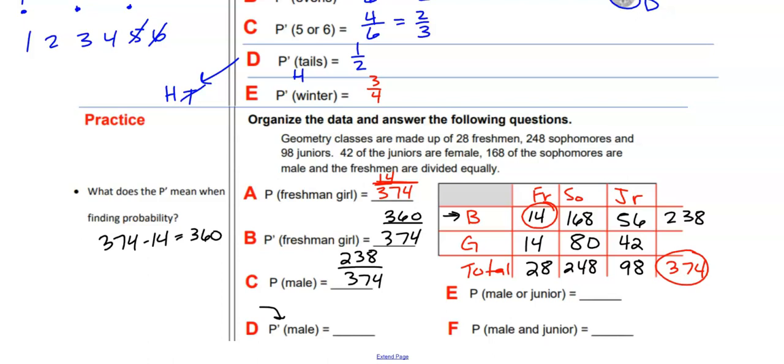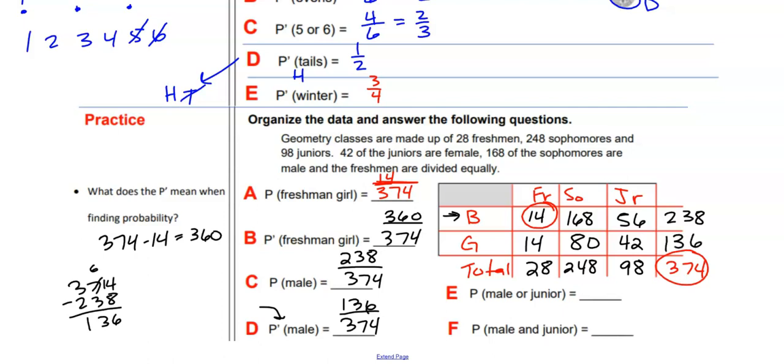So we could do it either way, or we could just do our 374 minus 238. That would be 136 out of 374.